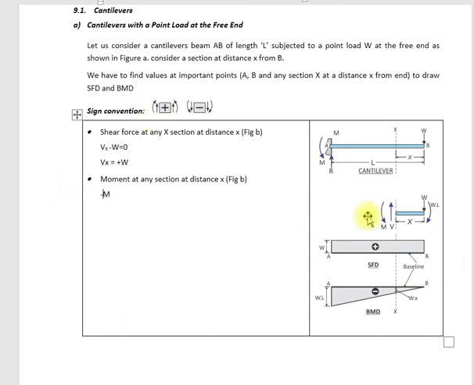As per our sign convention, its direction is opposite, so we will use a minus sign, and when we reach this point, the bending moment will be W into x, and that would again be in the downside minus direction, minus W into x. So M will be equal to minus Wx.